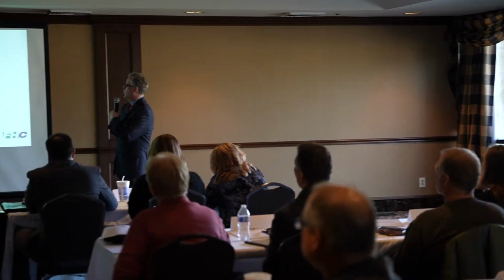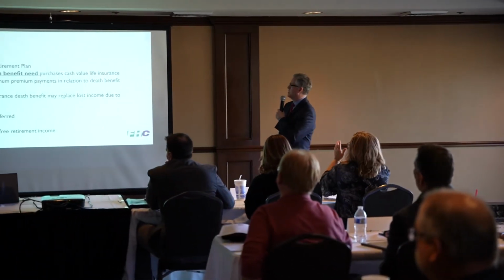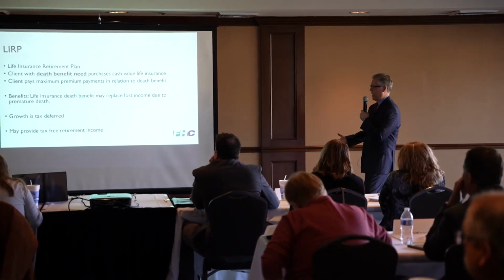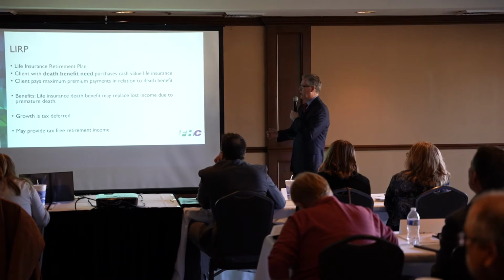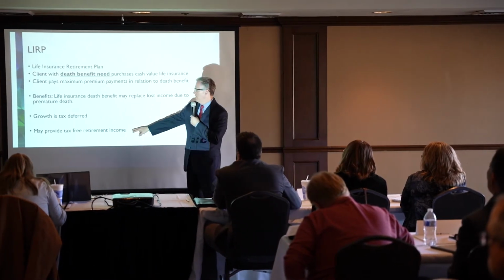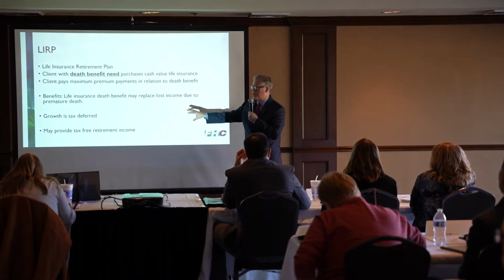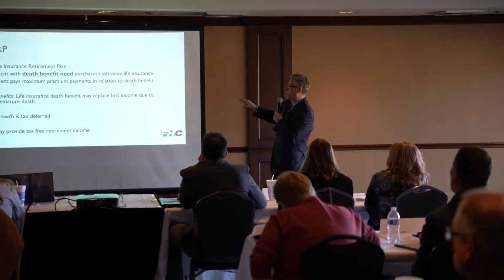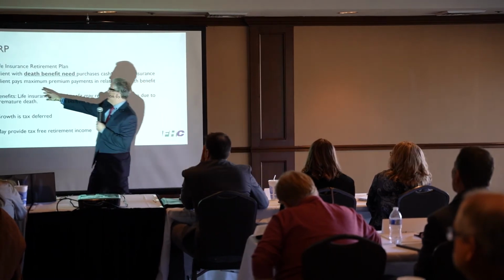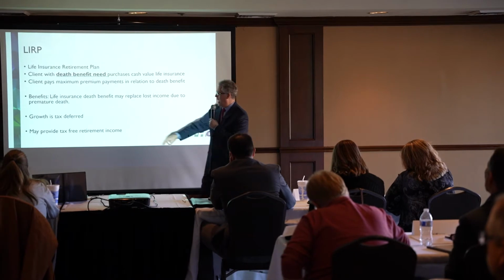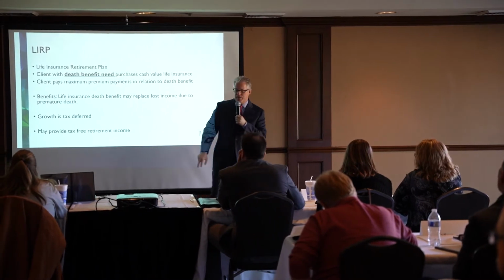So the benefits of life insurance: replace the lost income due to premature death, grows tax deferred, that's the magic, may provide tax-free income in retirement. So if we fund this properly, and we'll just use an index universal life as an example, if we're max funding it, remember this, the maximum that you can put in, we ultimately want to take that back out tax-free.